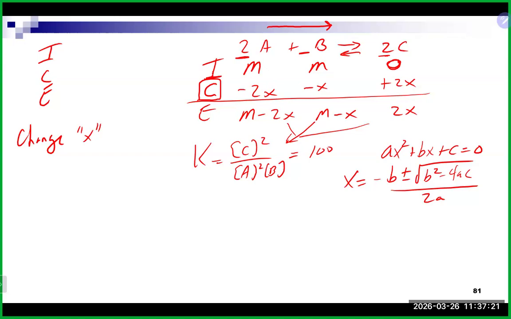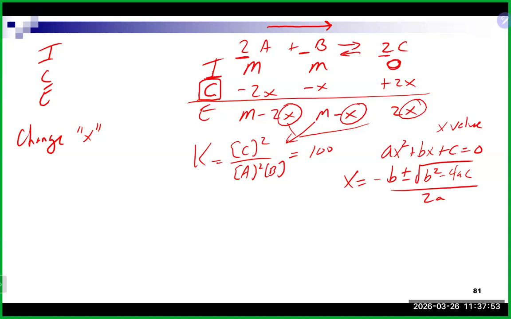To figure out which x value you do not want to use, remember that x is what you see in your table. One of those x values will lead you to a negative concentration, or if you're doing this with pressures, which you can, a negative pressure, which you cannot have. So that would not be the one to choose. You would then choose the other one.